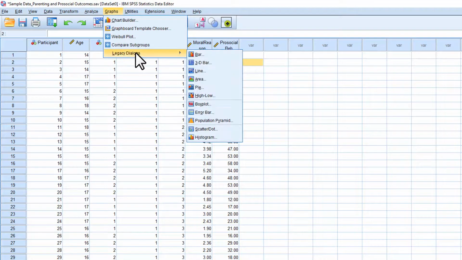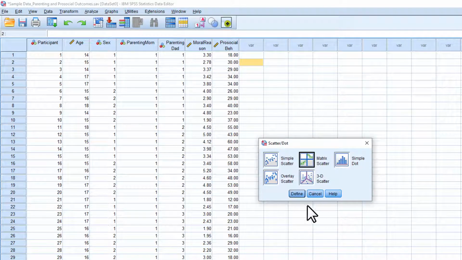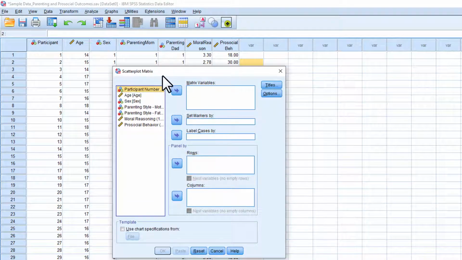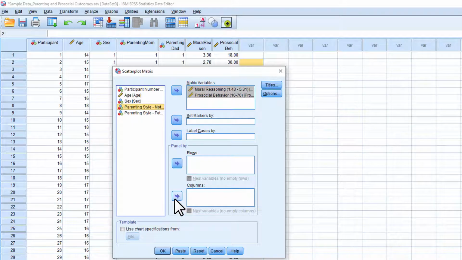Go to Graphs, and then choose Scatter Dot, then Scatter Matrix. Place the dependent variables into the matrix variables box, and then choose the independent variable and place it to either columns or rows. I'll choose columns. Okay.